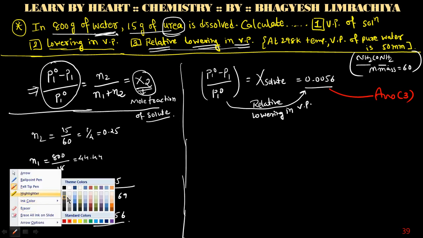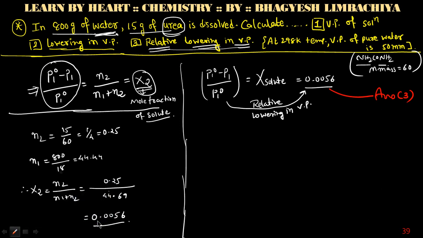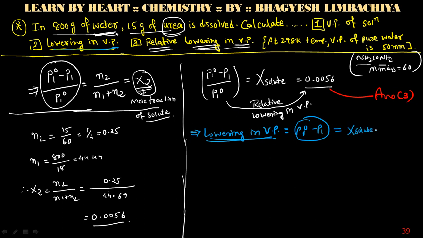Now next one. You are asked the lowering in vapor pressure. Lowering in vapor pressure means decrease in vapor pressure, that is P10 minus P1, right? This subtraction is known as lowering in vapor pressure, and here it will be x of solute multiplied by P10.